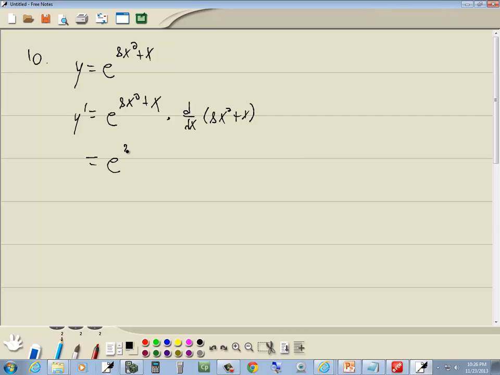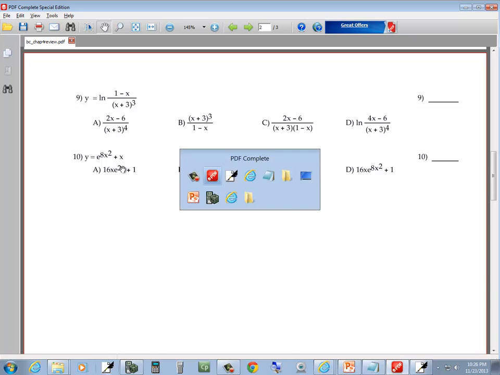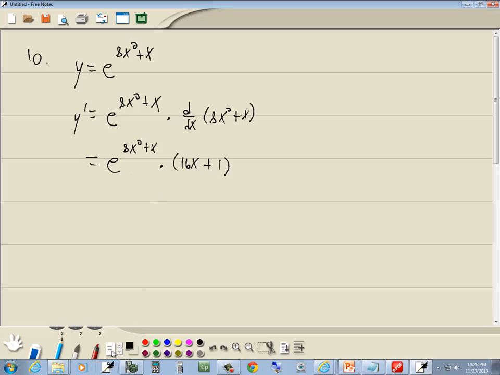So we got e to the 8x squared plus x, and derivative of 8x squared is 16x. And derivative of x is 1. And they probably put that out in front, but that's interesting. Oh, the plus x isn't part of the exponent, is it? Boy, my eyes aren't very good. Scratch that. Okay, let me start over.